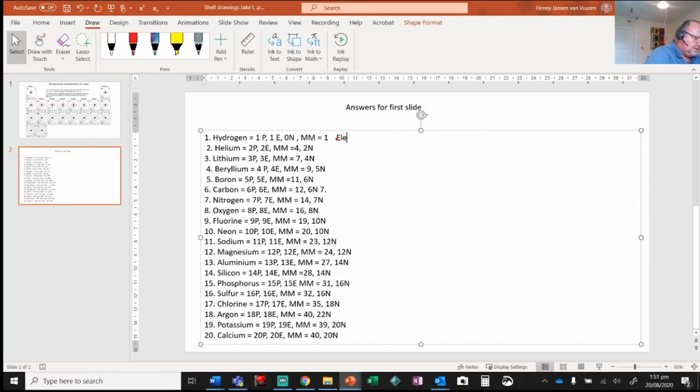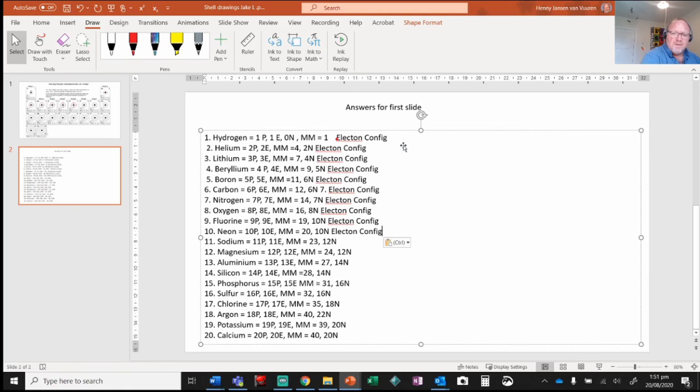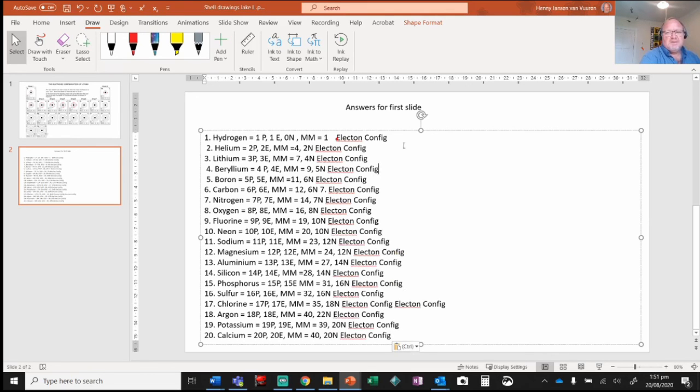and just say electron config, and we can copy that and paste it down the column, and there you go. So hydrogen is 1, helium is 2, lithium is 2, 1, beryllium is 2, 2, boron is 2, 3.